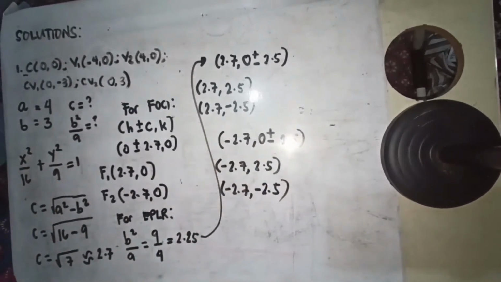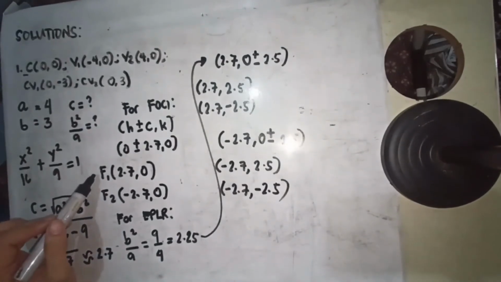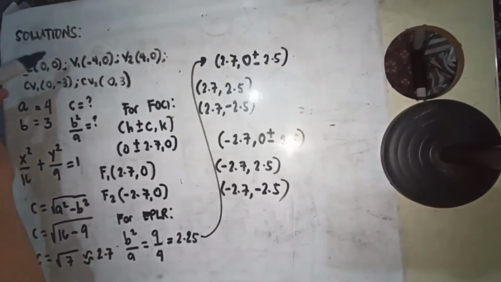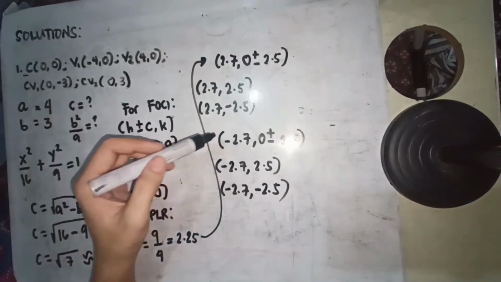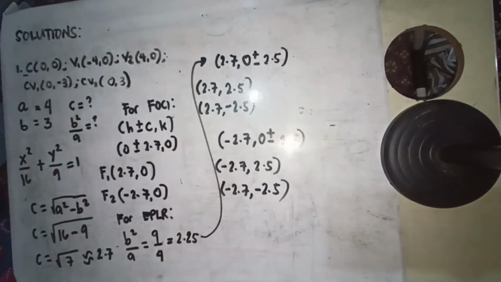Okay, that's it. Now that we have the center, vertices, co-vertices, foci, and endpoints of the latera recta, we can graph.